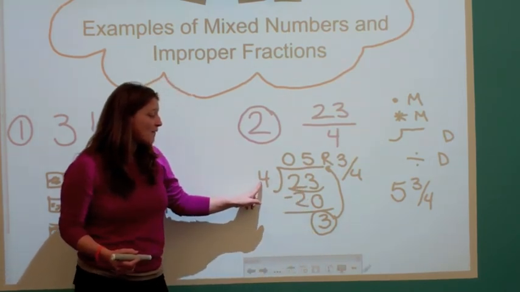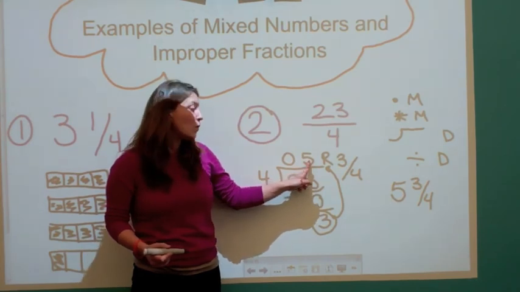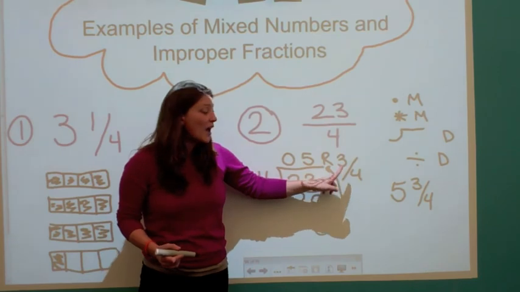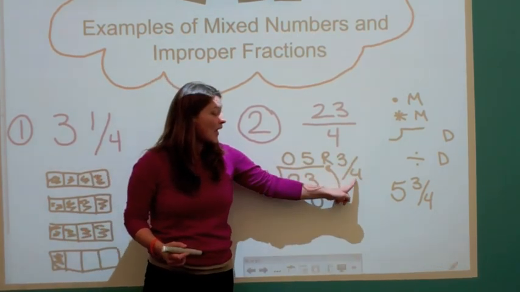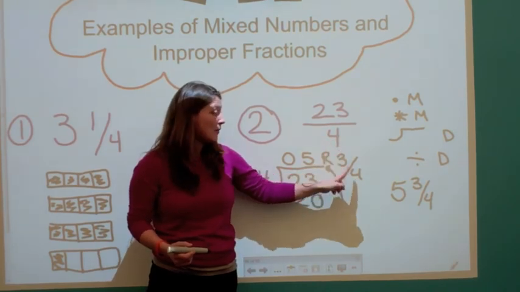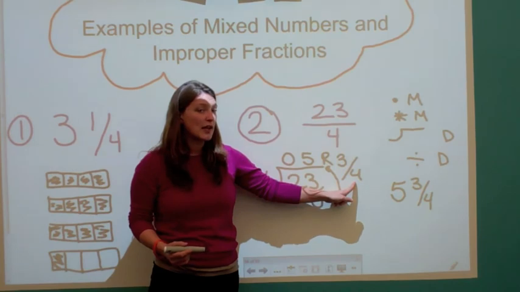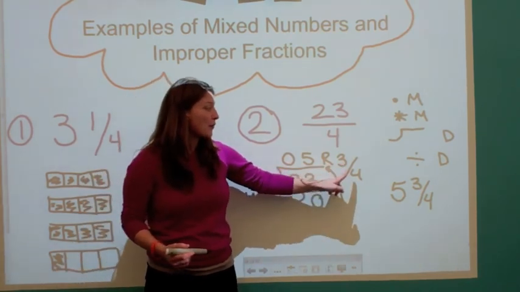In this case, 4 went into 23 5 times, with a remainder of 3. Since I had a remainder, I drew my fraction line, and I added my denominator underneath the fraction line. So I got 5 and 3/4.